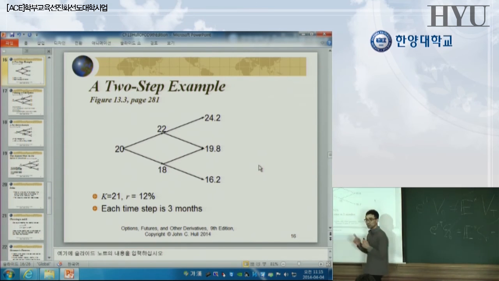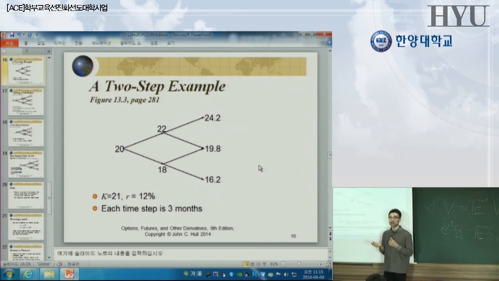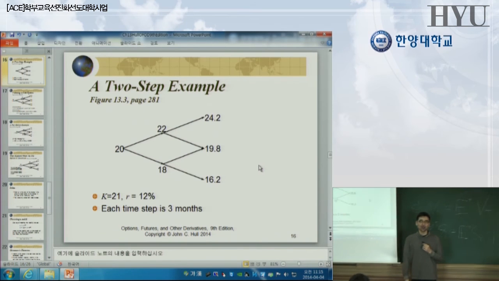Now, one convenient assumption is that going up then down and going down then up coincide. This assumption can sometimes make pricing impractical, but in most cases it is correct. It doesn't matter, so let's assume that up-down and down-up coincide. That's not a big assumption.